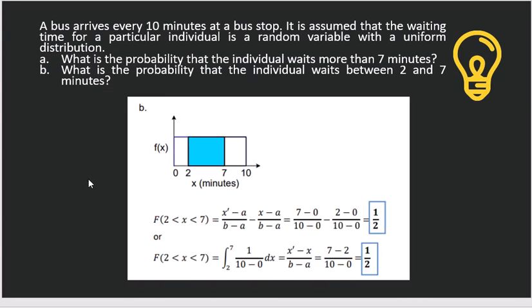Okay, for letter B, what is the probability that the individual waits between 2 and 7 minutes? So if you're going to use 2 as your initial point, 0 will be your initial point, and 2 will be your x.